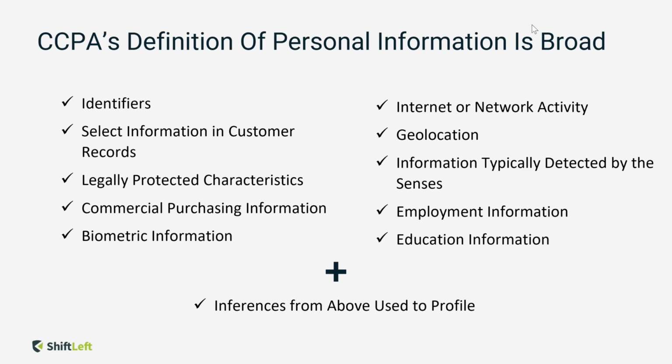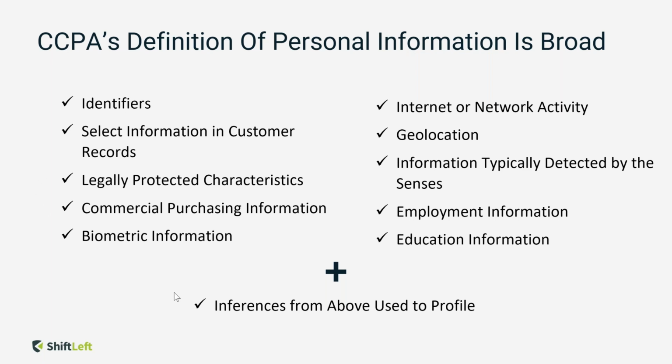Now, if you can see the list, it's pretty broad. So identifiers, this is any personal information. You saw examples of this in the previous screen: obvious examples of name, social security number, where you live, how old you are, other information that can be personally tied to you. But it also goes on to things that can be inferred from these to profile you.